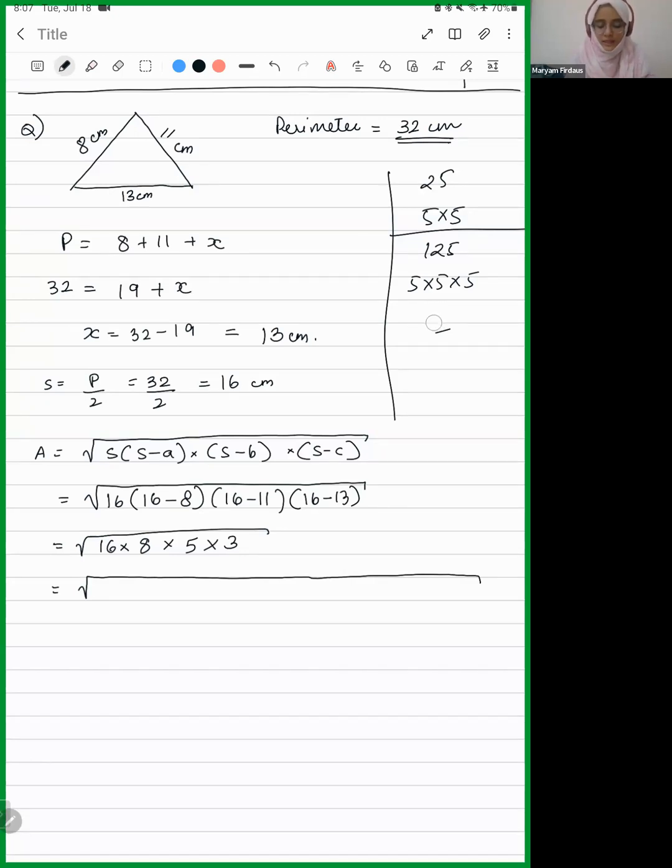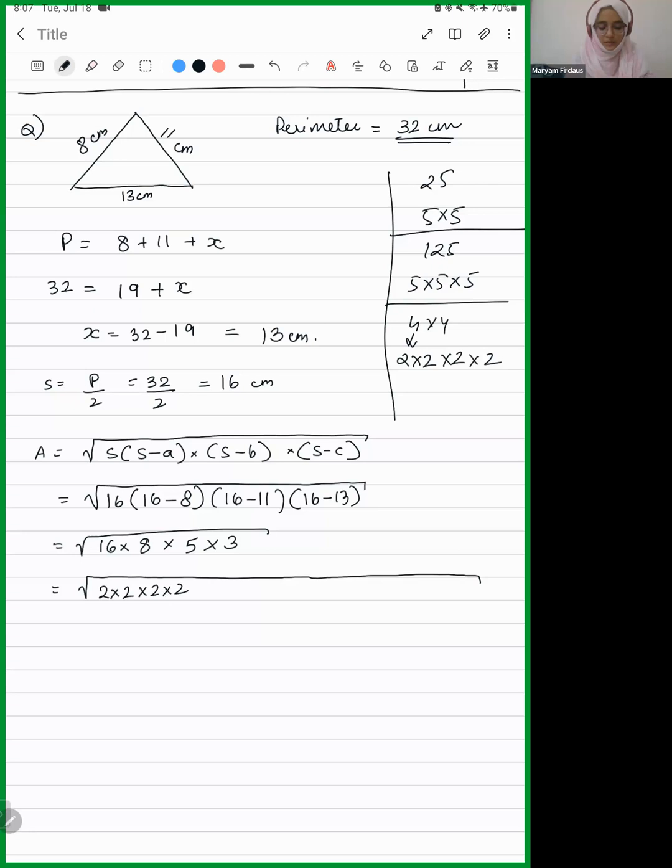So 16 is basically 4 square, right? So that's 4 into 4. And what is 4? That is 2 into 2. So basically you have 2 multiplied with itself 4 times. So 16 is 2 multiplied by itself 4 times.